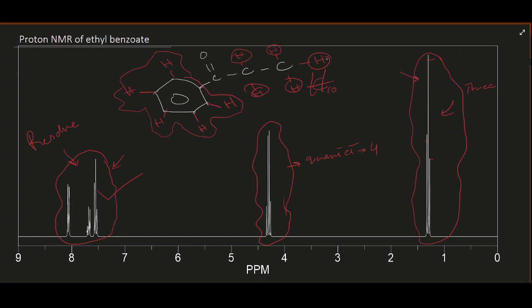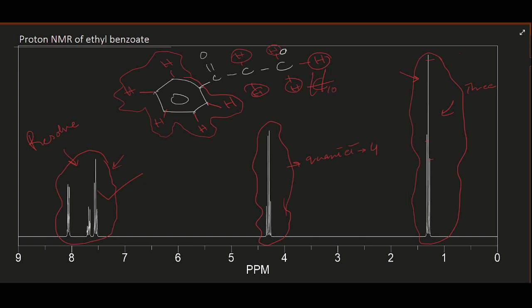There are 3 protons, but only 1 peak for them, because these 3 protons are in the same chemical environment. They are attached to the same carbon, so only 1 peak will appear for them.